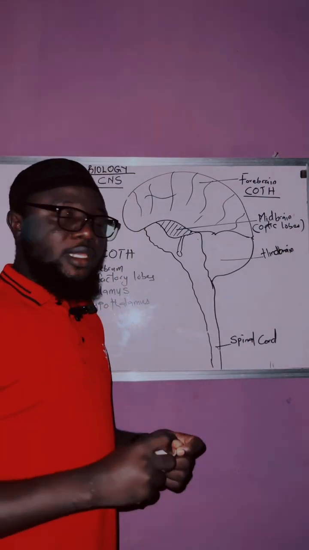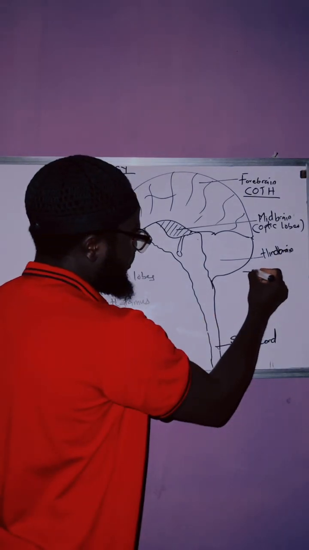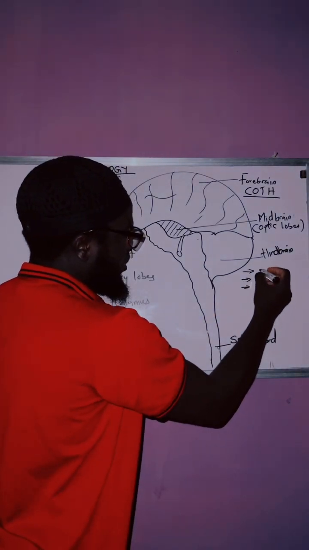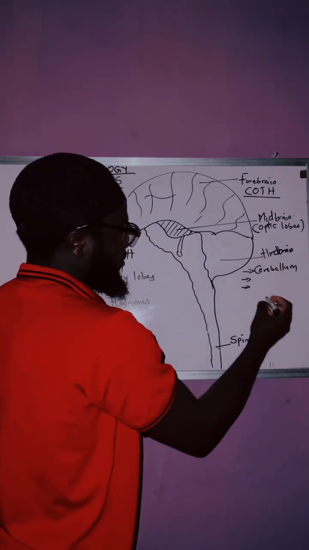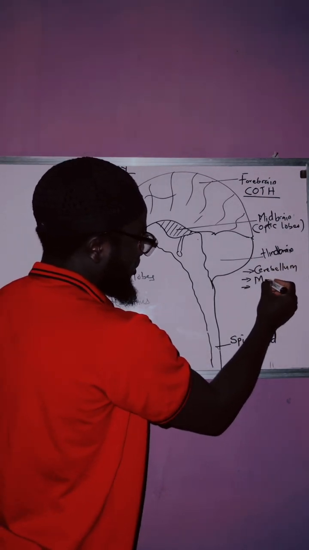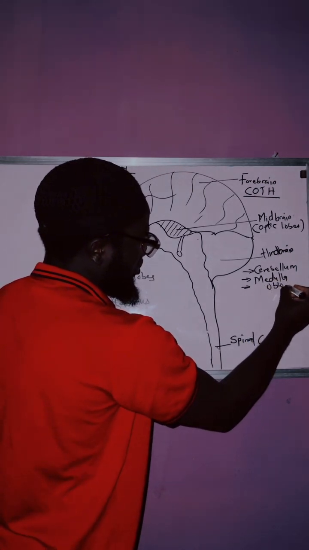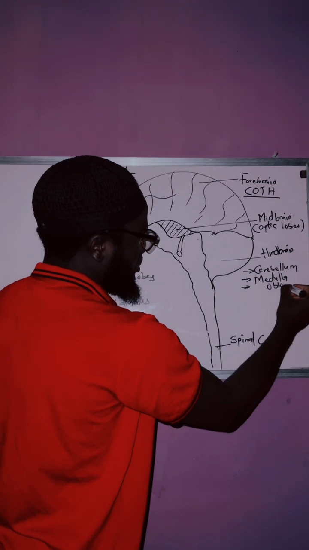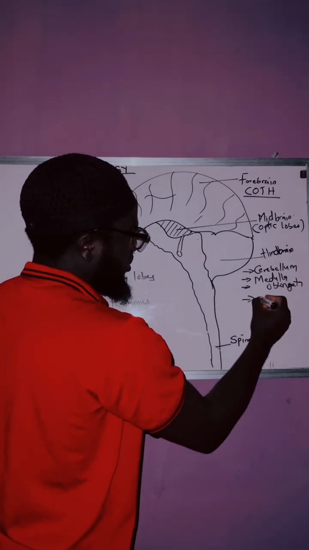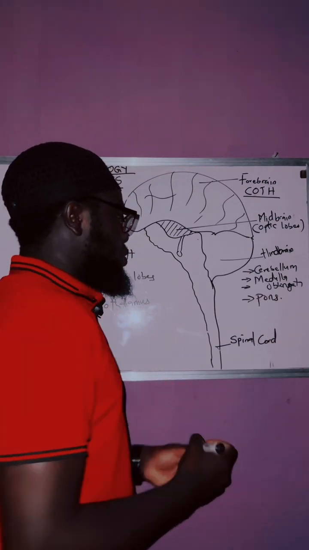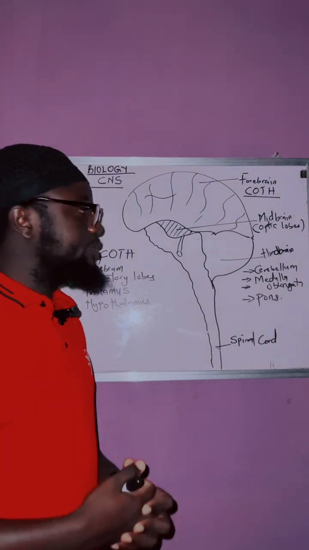While in the hindbrain we have three major contents, and this includes the cerebellum, medulla oblongata, and pons. So these are the three major contents of the hindbrain.